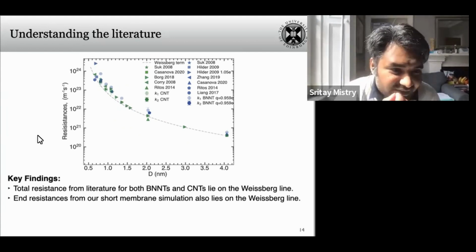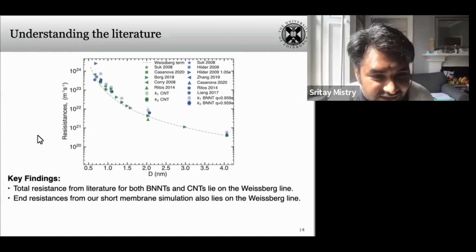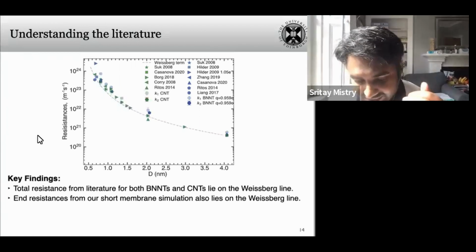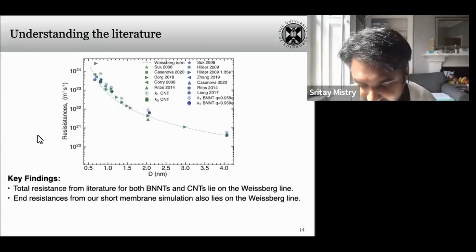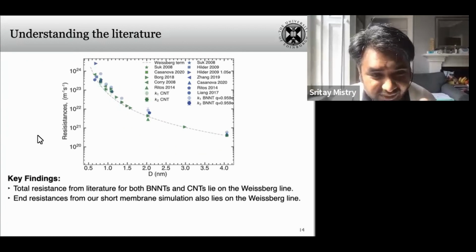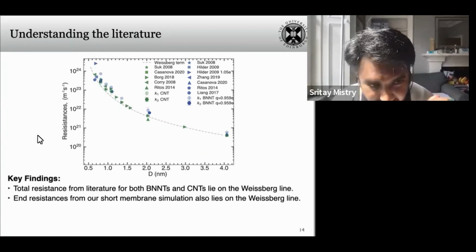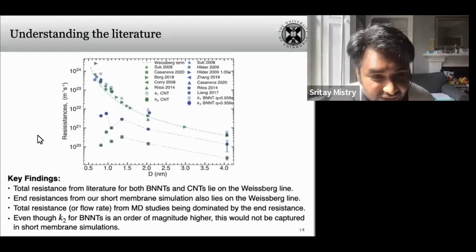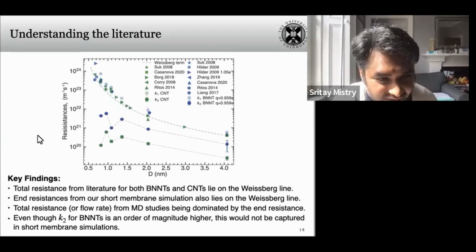And what it actually suggests is that the literature is actually not giving the effect of the nanotubes itself, but just the effect of the ends of the nanotube. Now, most of the literature that I found use nanotubes which are shorter than 20 nanometers.